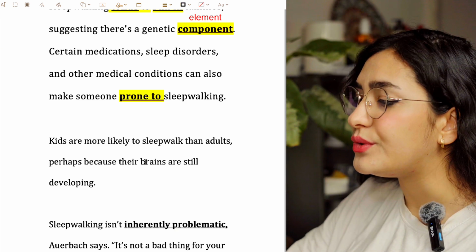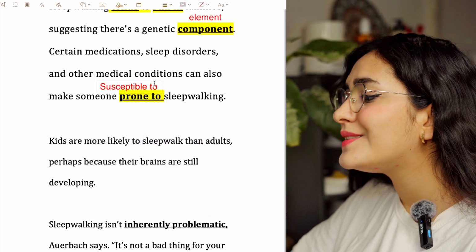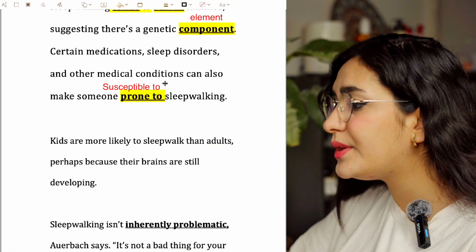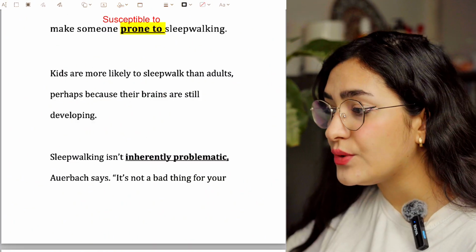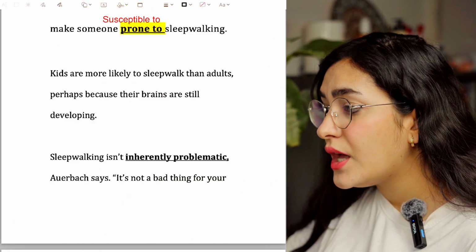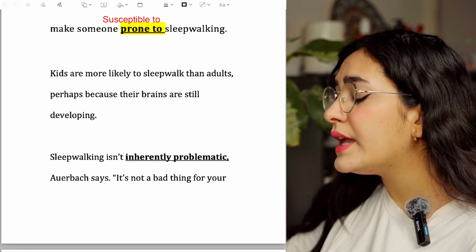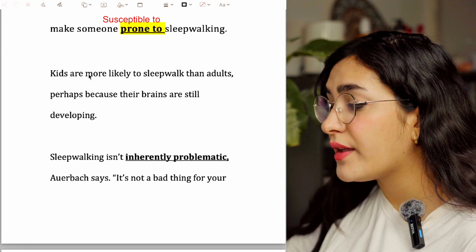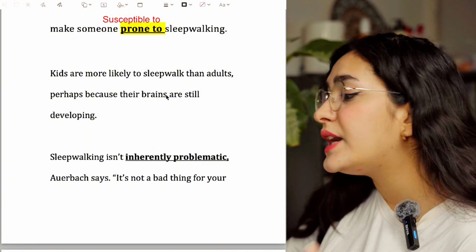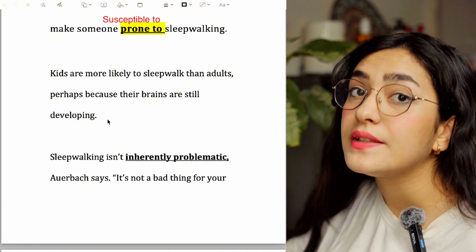So prone to means susceptible to. He is prone to making mistakes when he is tired. Kids are more likely to sleepwalk than adults, perhaps because their brains are still developing.